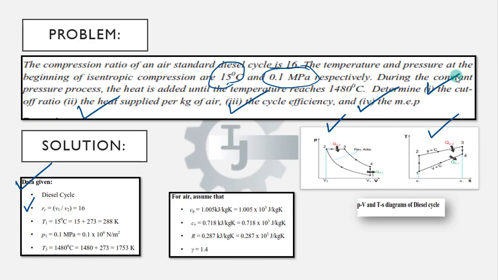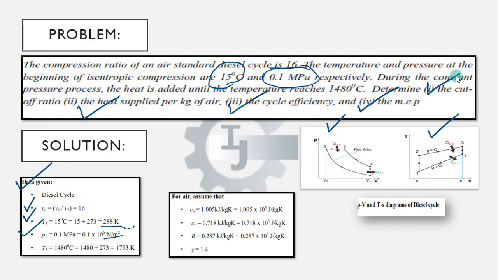So here T1 is 15 degrees Celsius, so 15 plus 273 that is 288 Kelvin, and P1 is 0.1 megapascal. So 0.1 megapascal means 0.1 into 10 to the power 6 Newton per meter square.